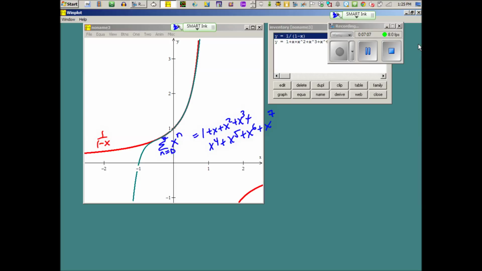And notice the nice tight fit they have on the interval between -1 and +1. So the blue and the red concur pretty well in this interval only. If you go outside this interval, they diverge apart from each other. Okay?